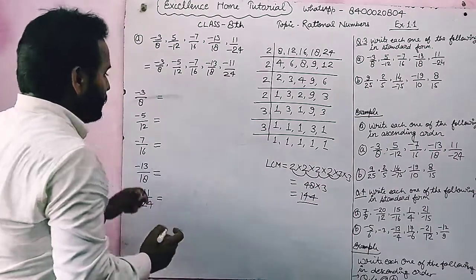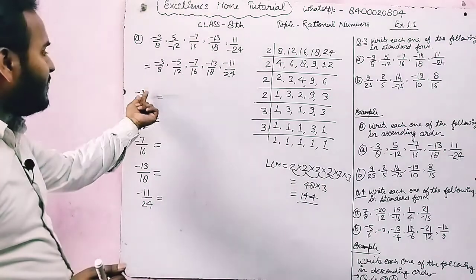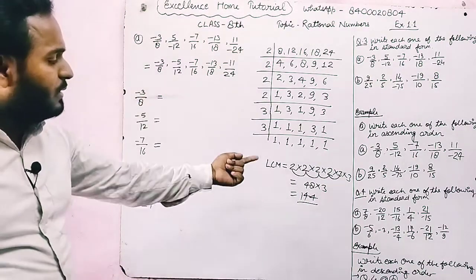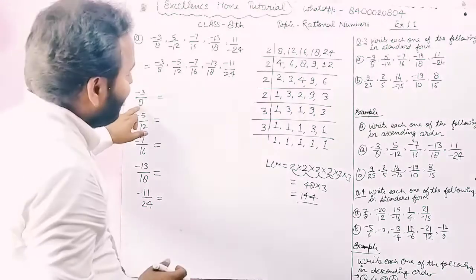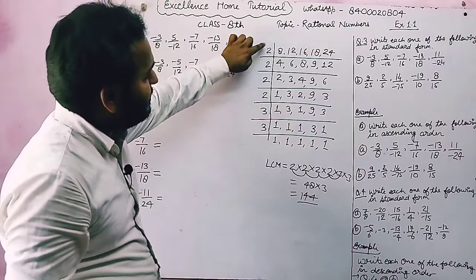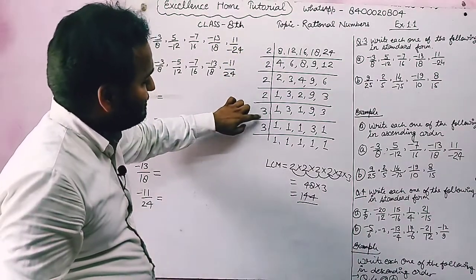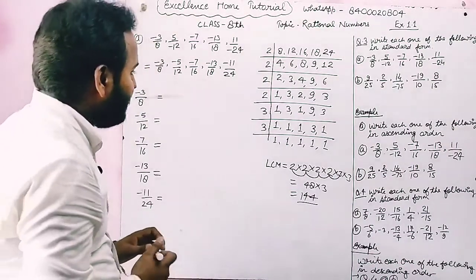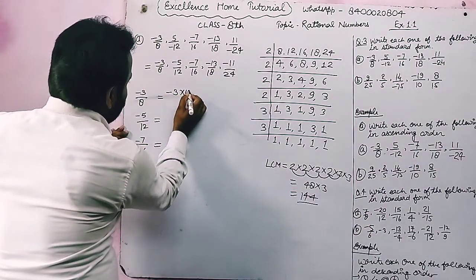We have to multiply by some number to make each denominator 144. For 8, we remove 2 twos are 4, 2 fours are 8. Remaining is 2 threes are 6, 3 sixes are 18. So we have to multiply both numerator and denominator by 18.